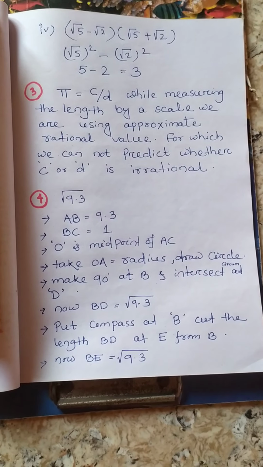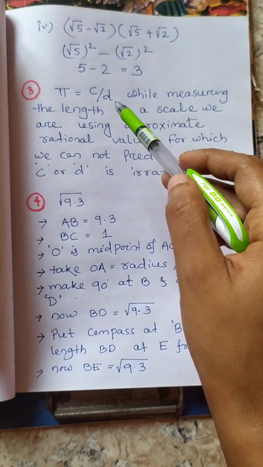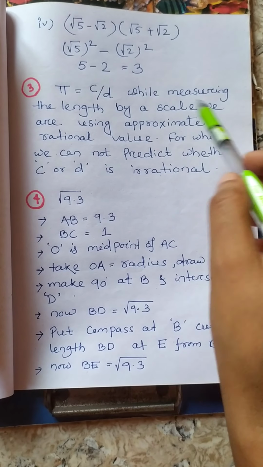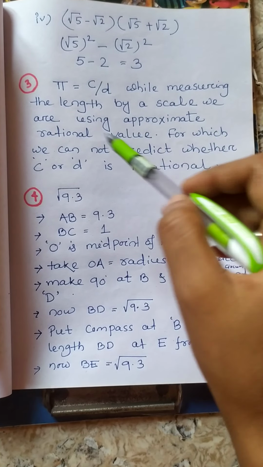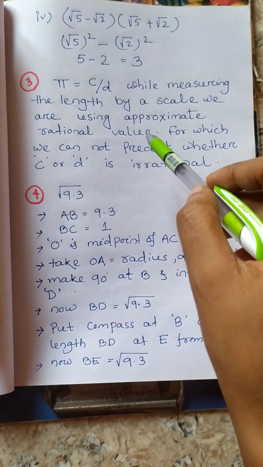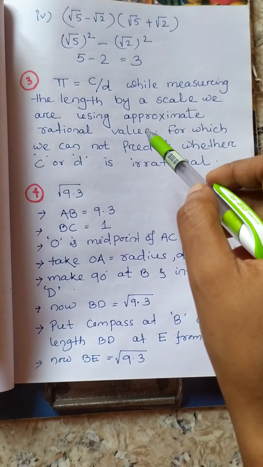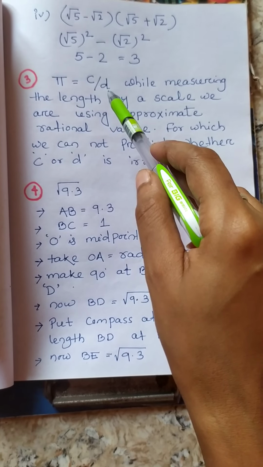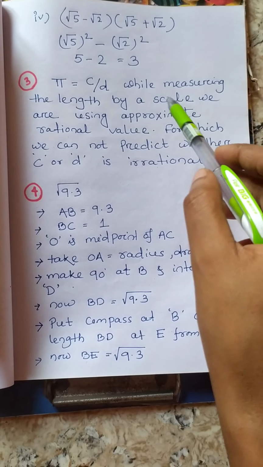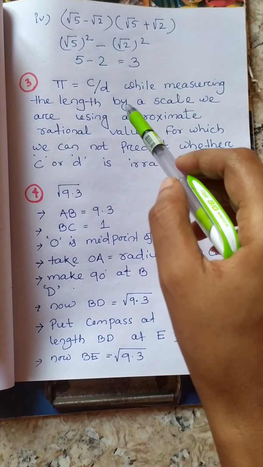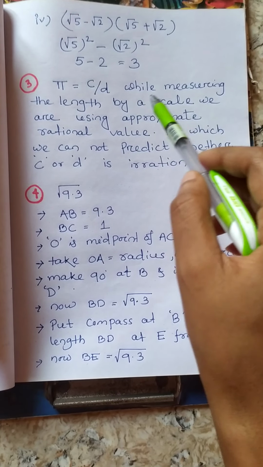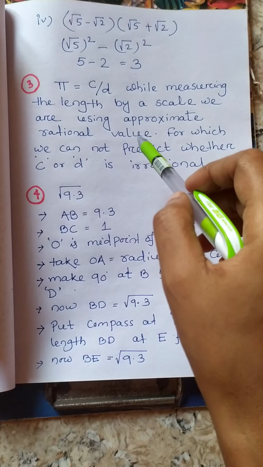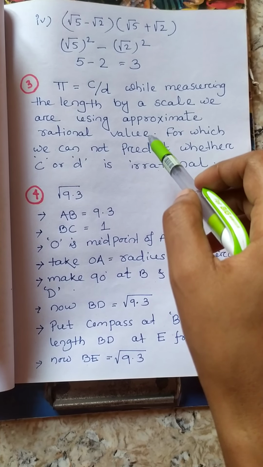So students, whenever we write pi is equal to c by d, we are measuring the length by a scale, so we are using an approximate rational value. We can know whether the value of c or d is rational or irrational only after writing many terms. After the decimal, if we write 8, 9 or 10 digits, then only we can say whether it is rational or irrational.